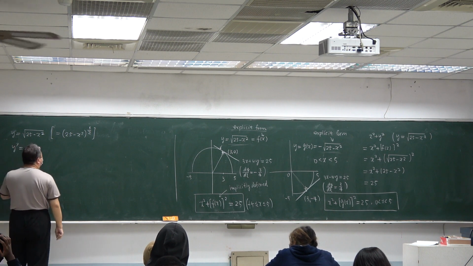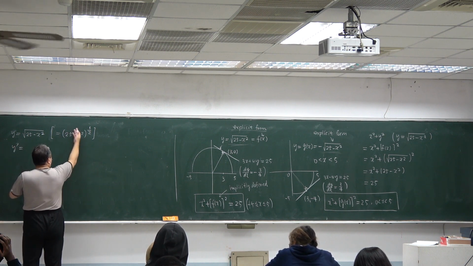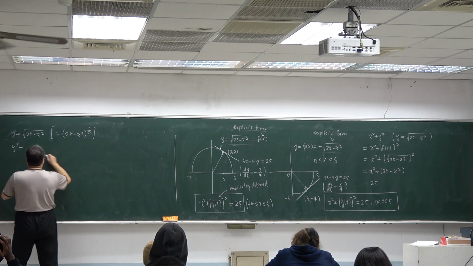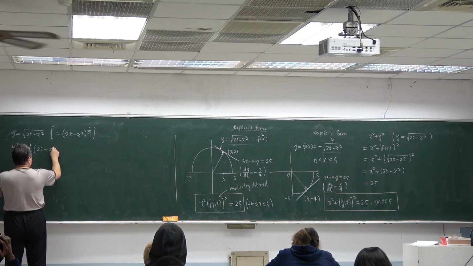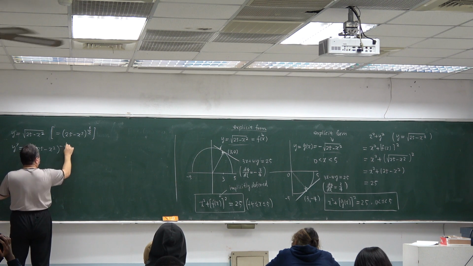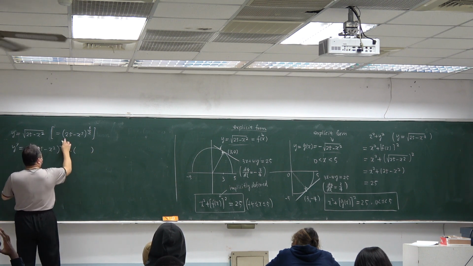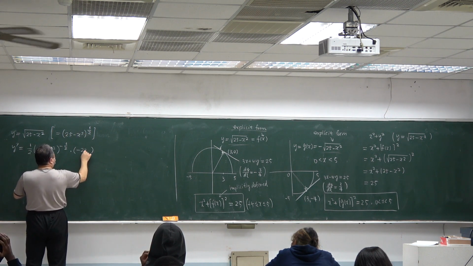By chain rule, polynomial first, power second. Minus 2x.